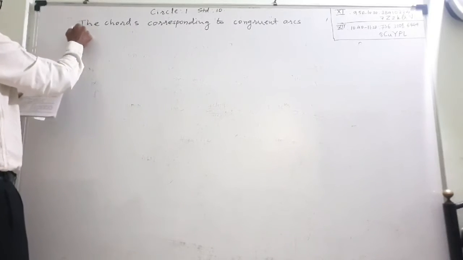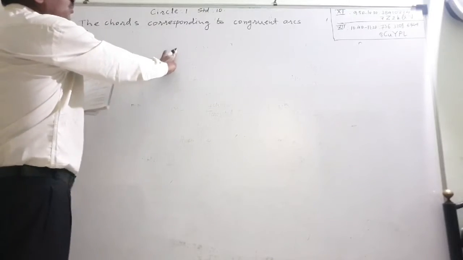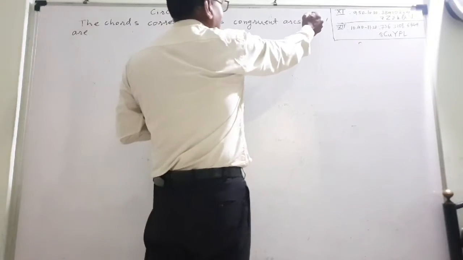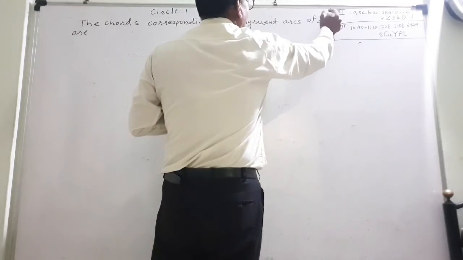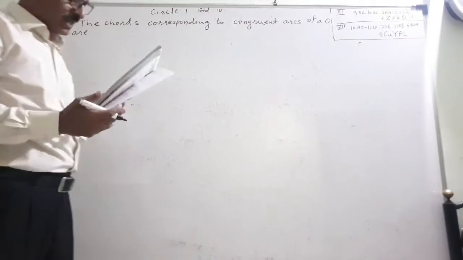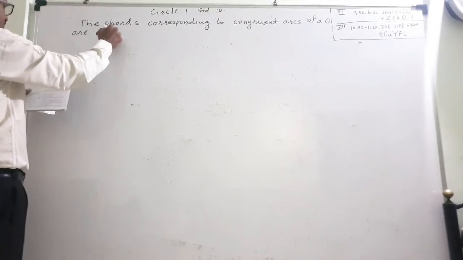I am writing in short, you write in proper. The chords corresponding to congruent arcs, there it is written of a circle, or in bracket of congruent circles, are congruent.